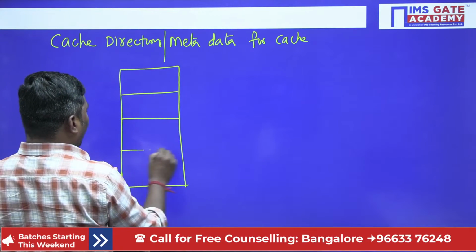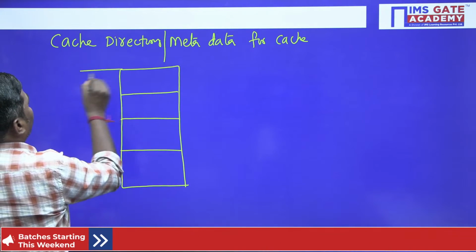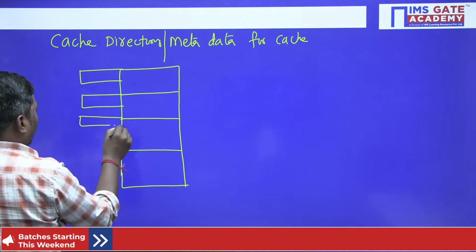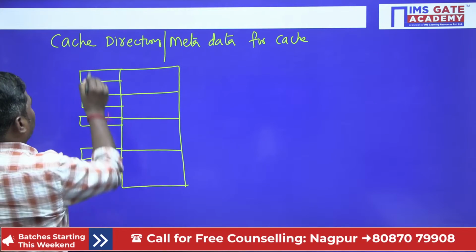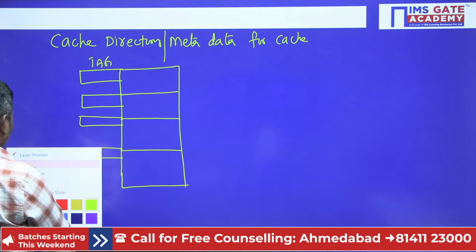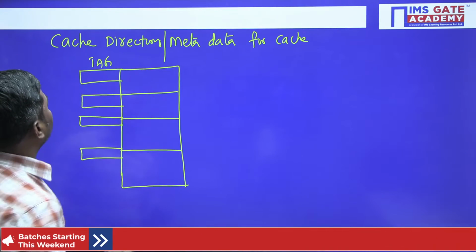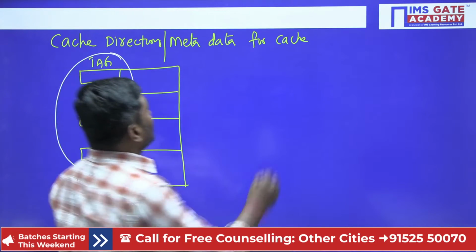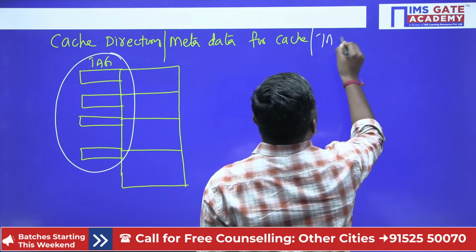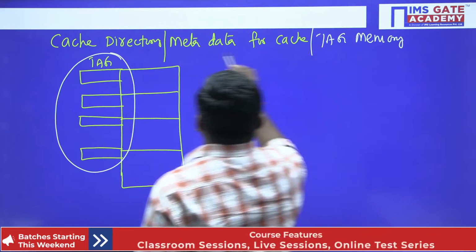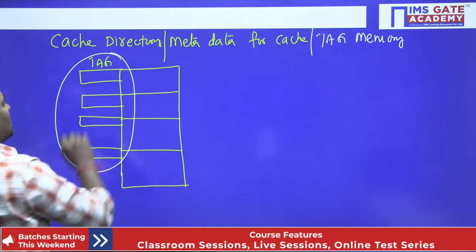Let's take 4 blocks. Does every block have the tag bits or not? Yes, every block has tag bits. Cache directory size is nothing but the size of this tag memory. Sometimes they simply ask for tag memory. Tag memory, metadata for a cache, cache directory size, all the terms are the same.